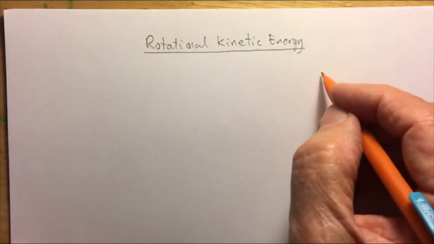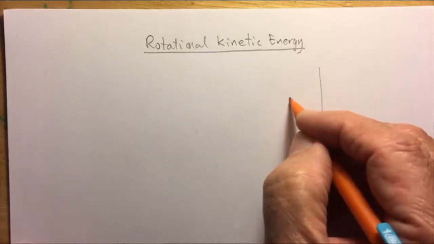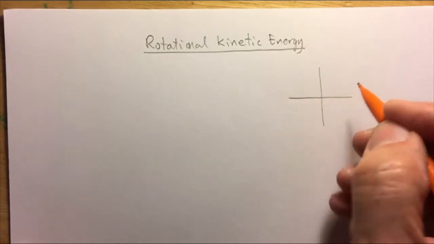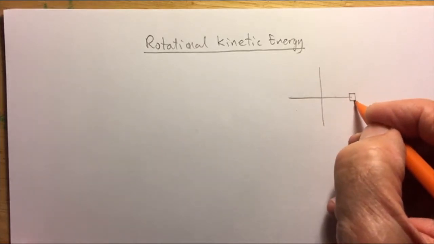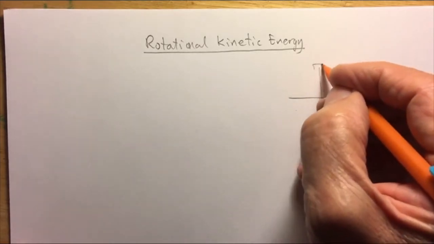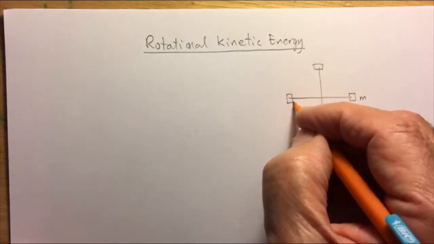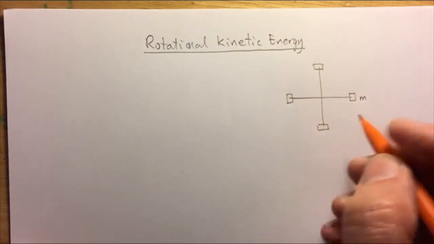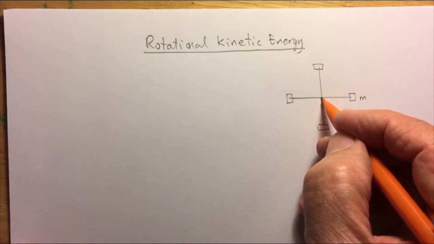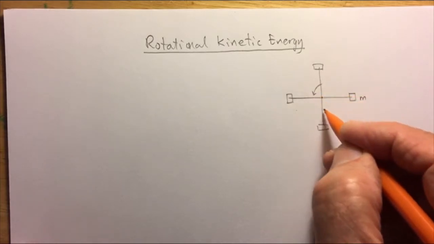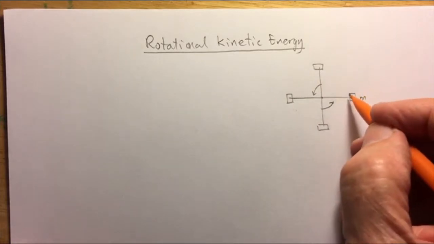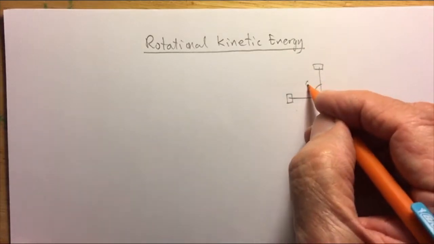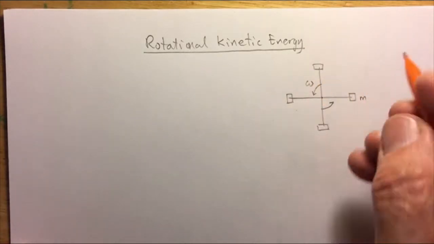So consider a very light X cross made of light material but very rigid, and we have four masses, and let's assume that they are all equal, attached at the ends, and this is spinning about the vertical axis at the center with some angular velocity omega, radians per second.